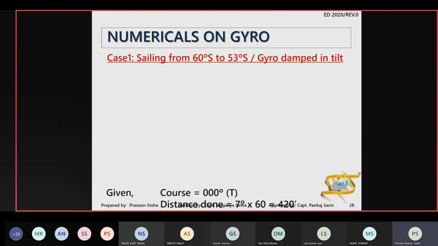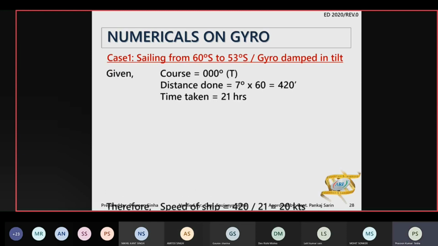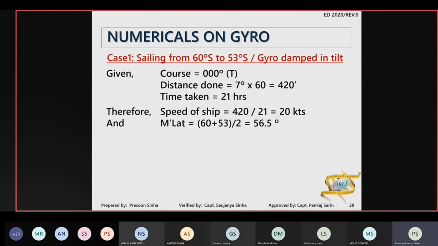Since we have to calculate the speed, we calculate the distance for 7 degrees of latitude difference, DLAT. That's 420 miles. This distance was done in 21 hours. So of course, we can get the speed of the ship and MLAT, which is 60 plus 53 by 2.